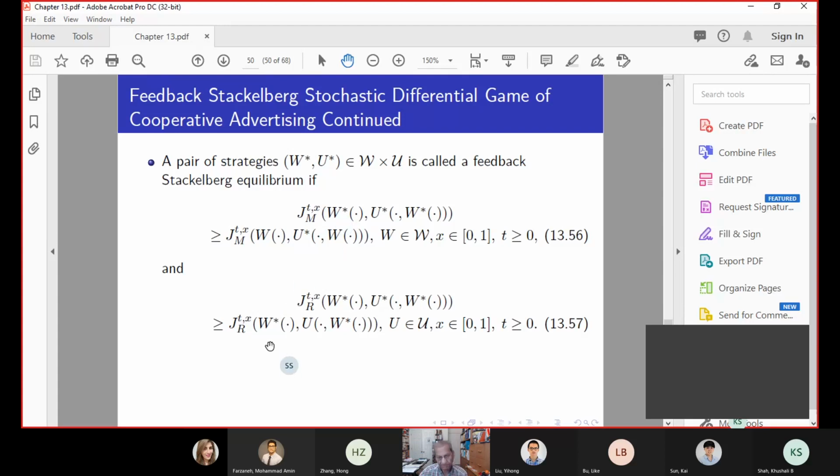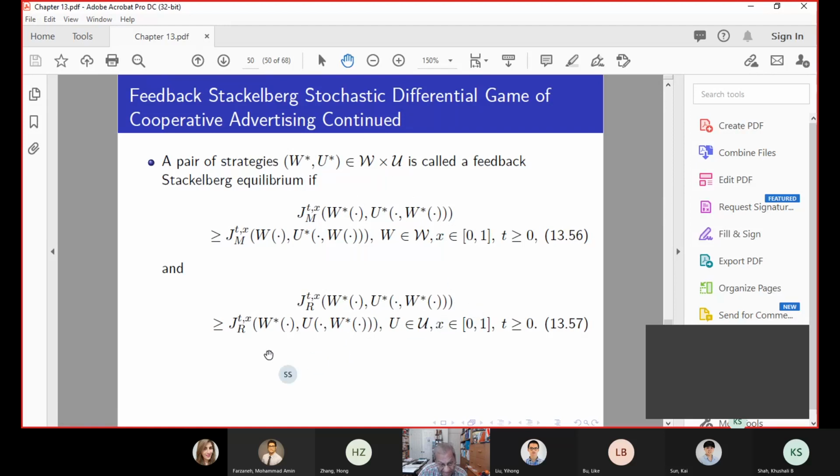Let's look at the retailer. The retailer doesn't change his action. Action is subsidy rate. No, the retailer's action is advertising. Instead, he changes his response, because that's what a Stackelberg game is. Again, the left-hand side is the equilibrium.